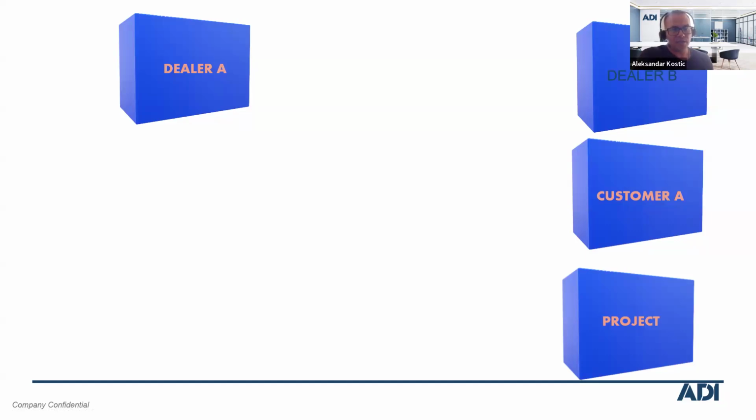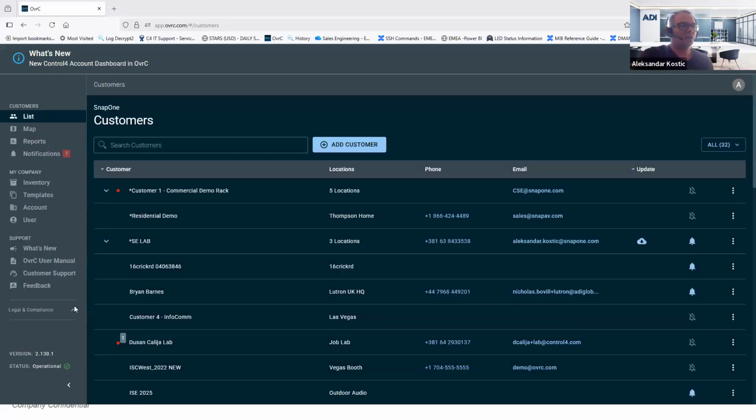And in this case, from OvrC, we are not doing anything, because OvrC is in charge of the whole registration process, and in this case we are not changing registration. The project remains registered under the same customer. We shouldn't do anything from OvrC itself.